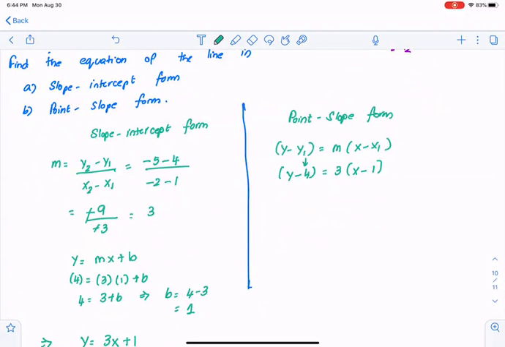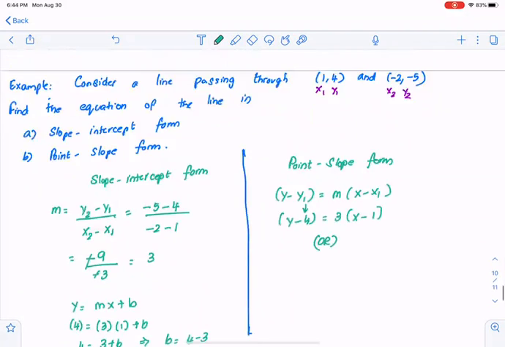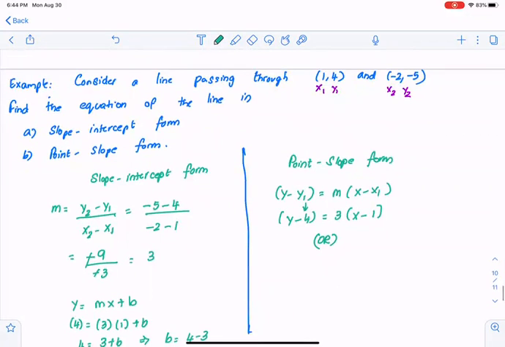Now, is that the only possible answer? Technically no. Instead of y1, I could plug in y2. So if I change y1 to y2, I have to change x1 to x2. y2 is minus 5.